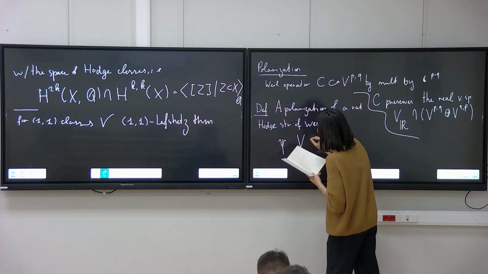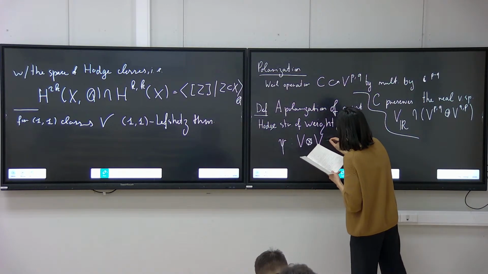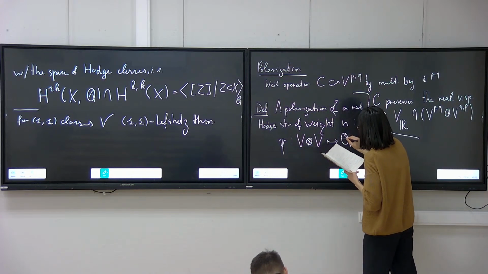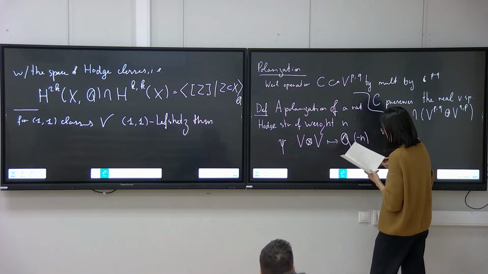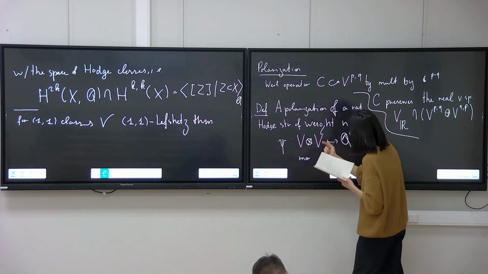We should take the tensor product V ⊗ V. This is a Hodge structure. And then we consider the Tate Hodge structure twisted by n, as before.